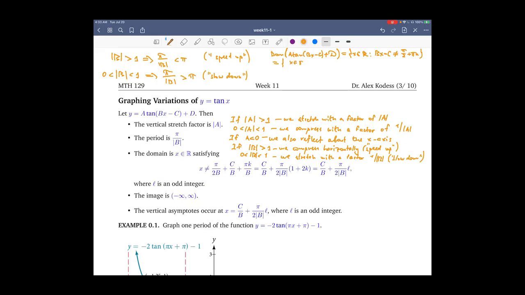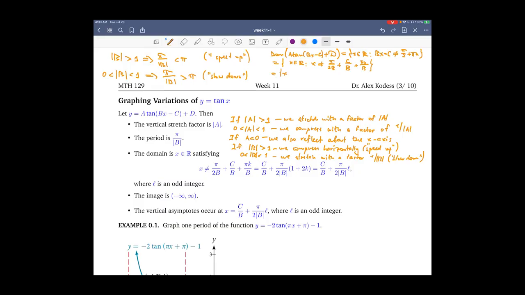So that is all the real numbers except those where x is different from pi over 2b plus c over b plus pi n over b.